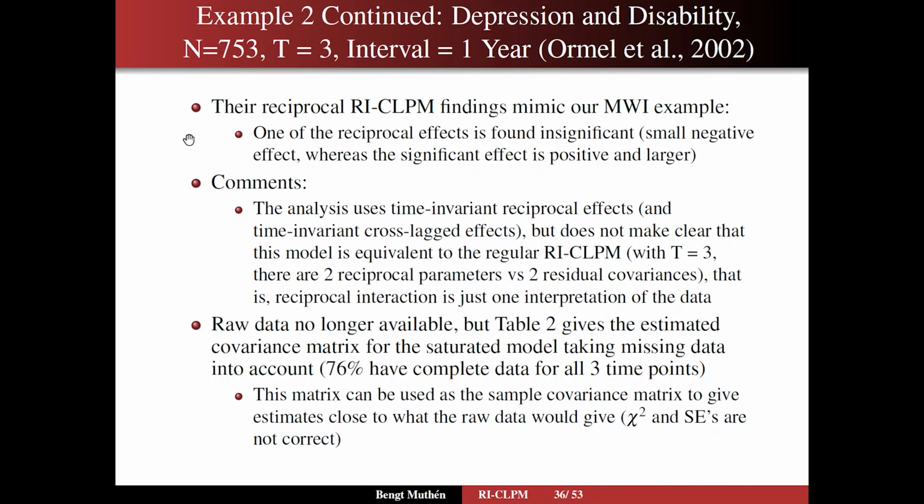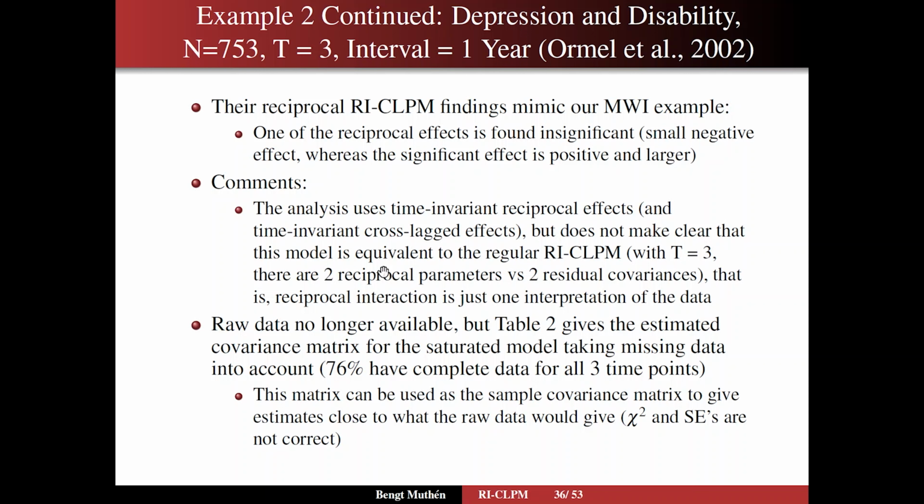The analysis uses time invariant reciprocal effects and also time invariant cross-lagged effects, which is not necessary, but they do that here. But the article does not really make clear that the model they present is equivalent to a regular RI-CLPM.